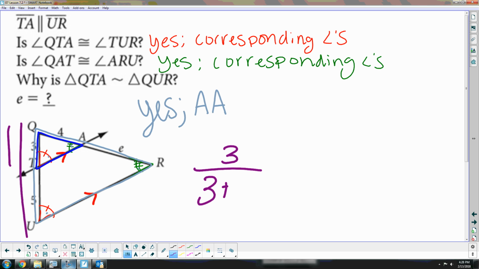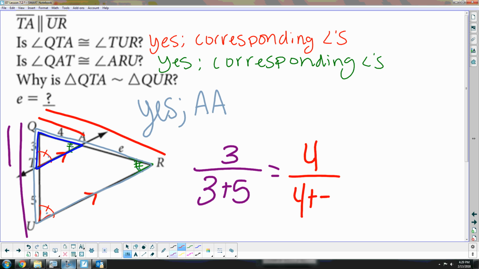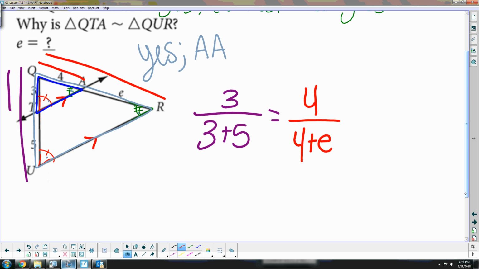The larger triangle has a length of 3 plus 5. That has to be equivalent to 4 over the whole side, 4 plus e. Okay, so let's just simplify this a little bit. So we have 3 to 8 has to be equivalent to 4 to 4 plus e.